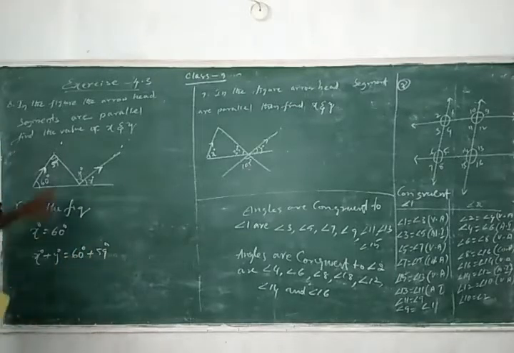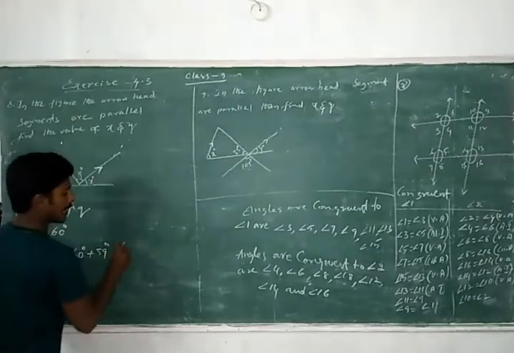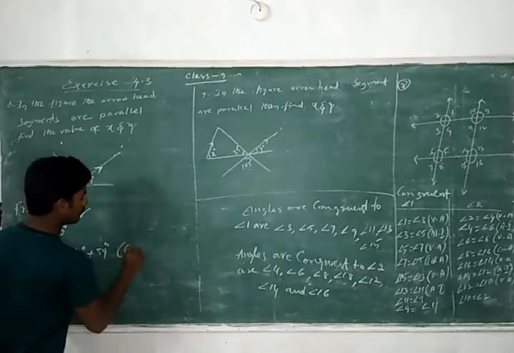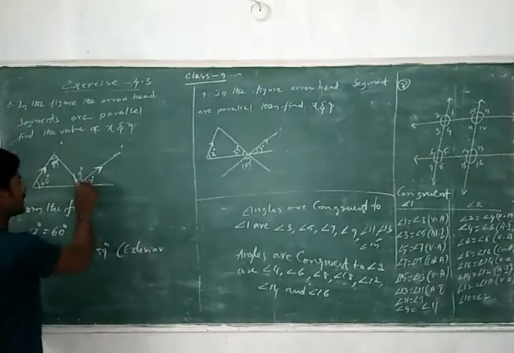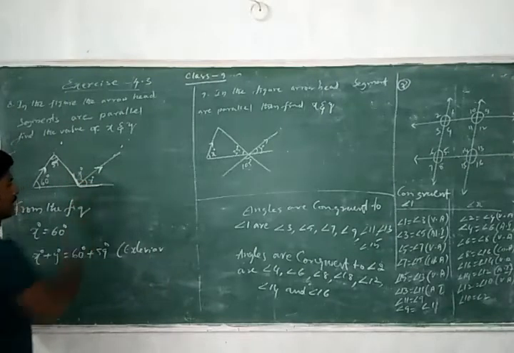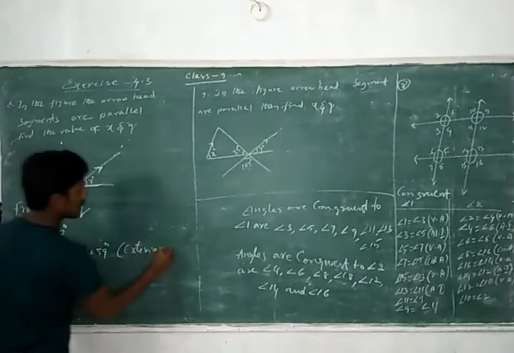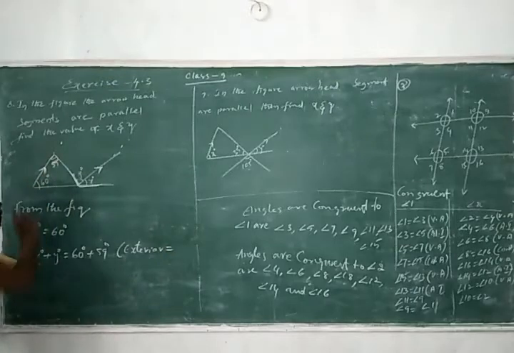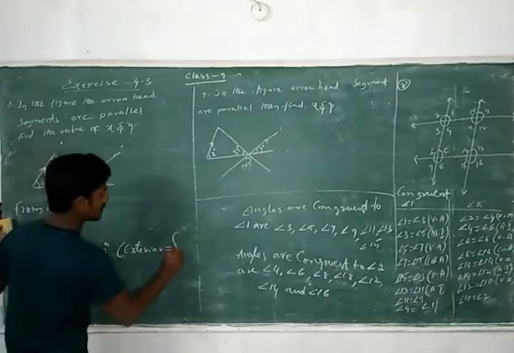Because of alternate angles, y is equal to 59, right? Otherwise x plus y is equal to 59 plus 60. Why am I writing like this? Suppose I take this exterior angle; this exterior angle is equal to the sum of its opposite interior angles.